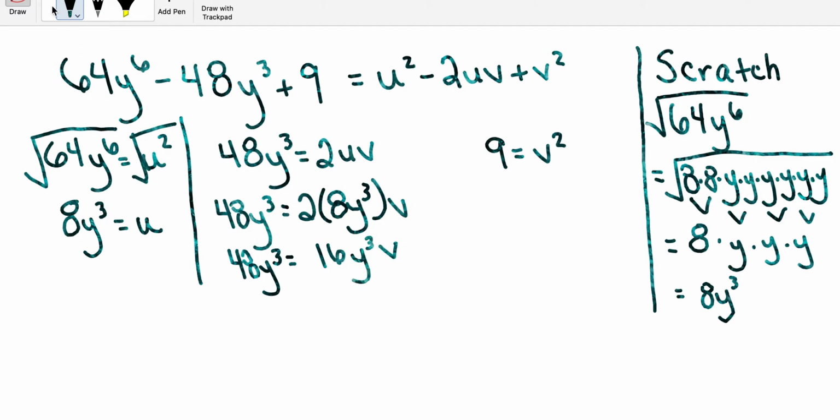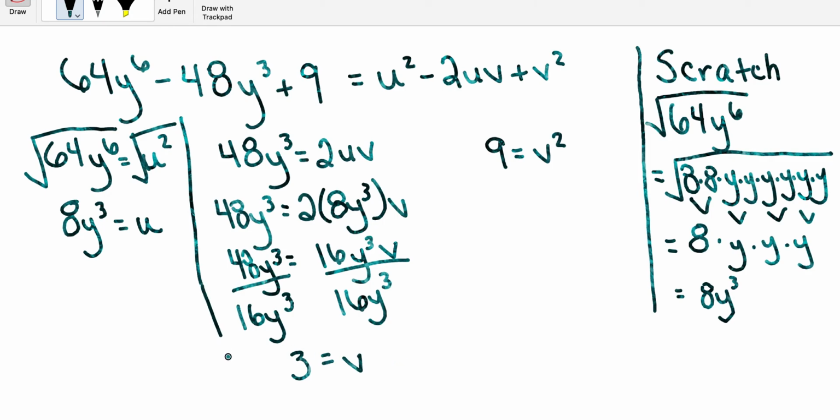Now here we want v, so we need to divide both sides by 16y cubed. And here the y cubes will cancel out. 48 divided by 16 is 3. Over here 16y cubed cancels out as well, and we're left with v. Okay, so v equals 3.